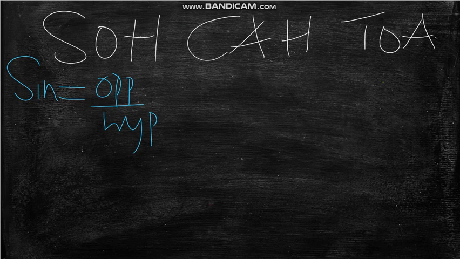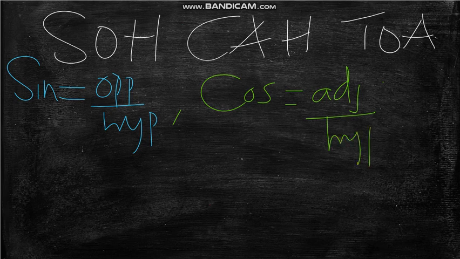Then we have cos, which is adjacent over hypotenuse. Remember, hypotenuse is the longest side. And then we have tan, which is TOA, that is opposite over adjacent. I'm sure we know this basic SOHCAHTOA formula.